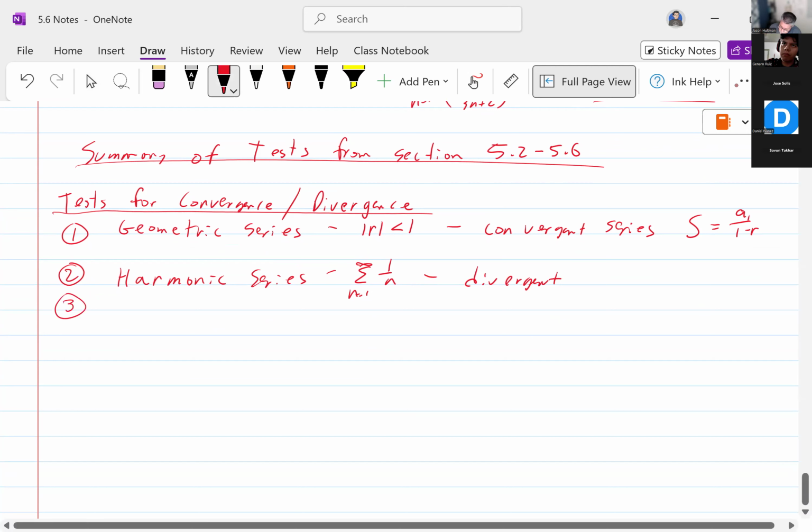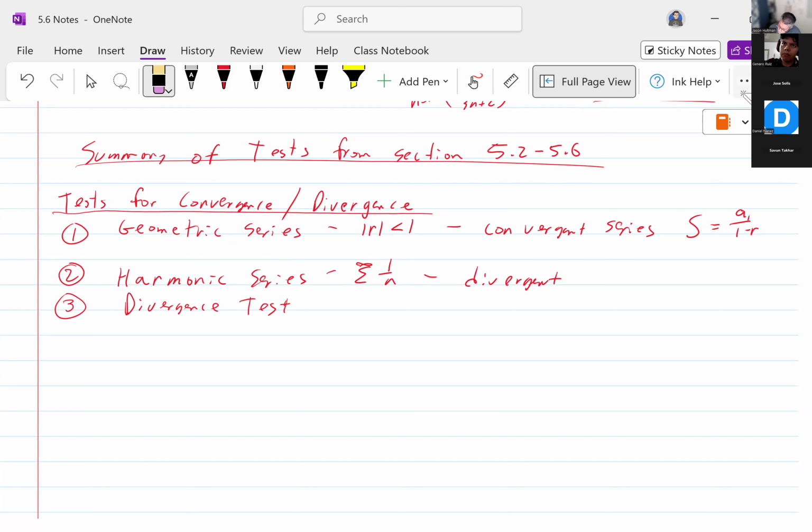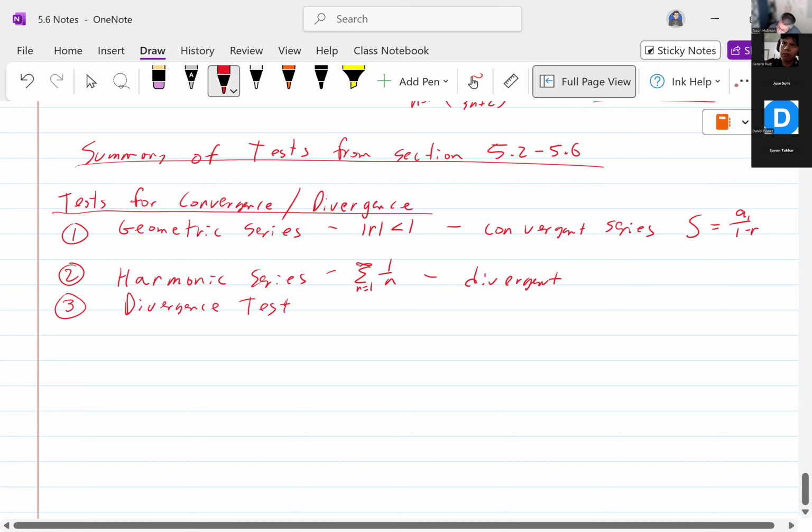The third thing that we talked about was the divergence test, or the nth term test as it's called in some other books. This says that if the limit as n goes to infinity of a sub n does not equal 0, then it is divergent.